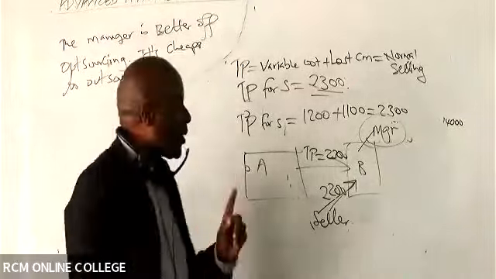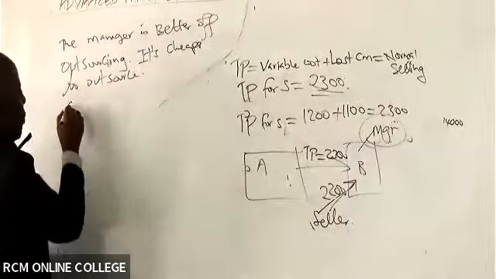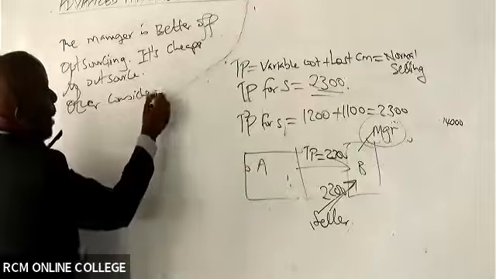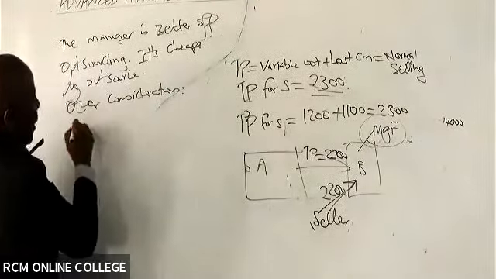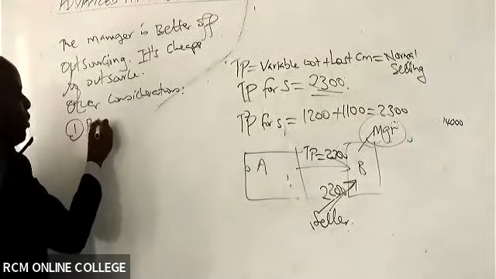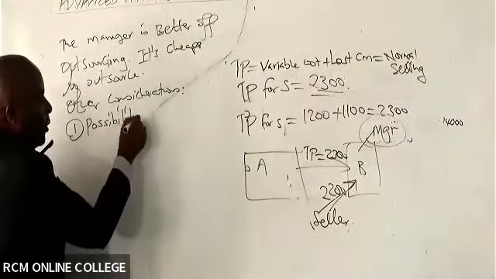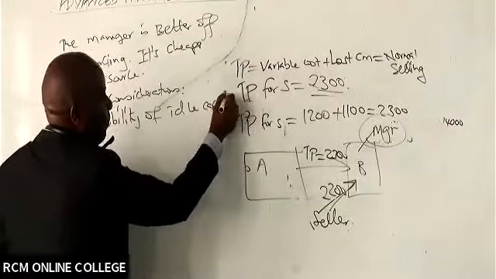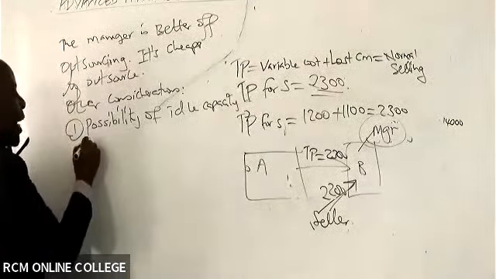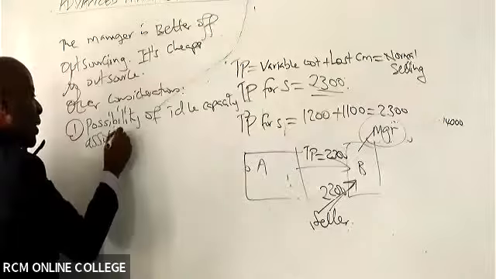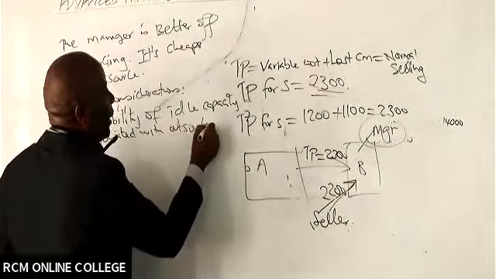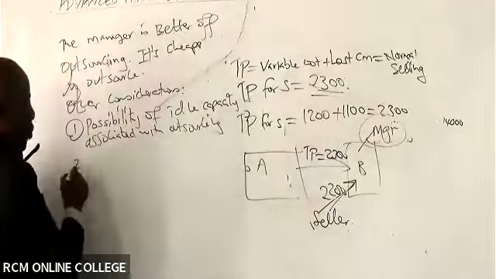So in this case, you can just go ahead and mention that other considerations which are really necessary. Number one will be possibility of idle capacity associated with outsourcing, and then quality issues.